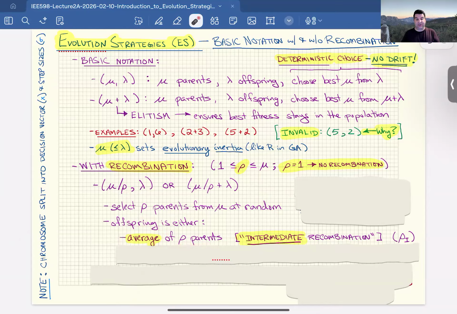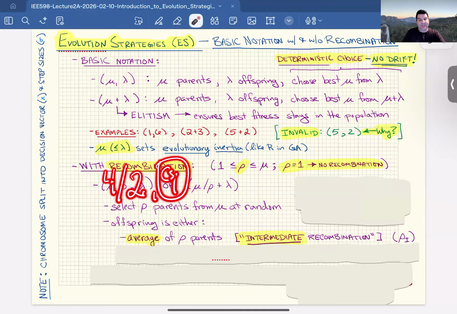And so that's what you would start out. So you're going to say, all right, so if I've got 4 parents and I'm doing a recombination of 2 of them, then I select 2 of those 4 parents at random, and then I take the average of those 2, and that ends up becoming one of my 9 offspring to start with.